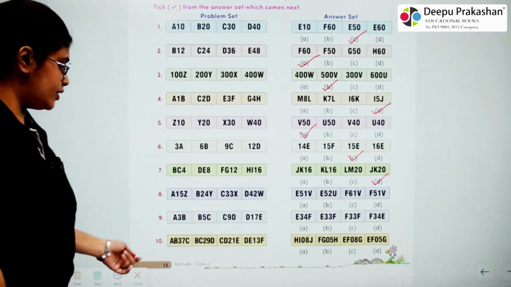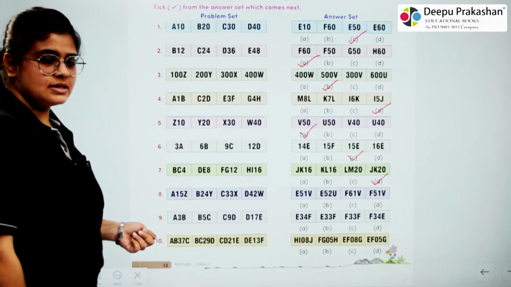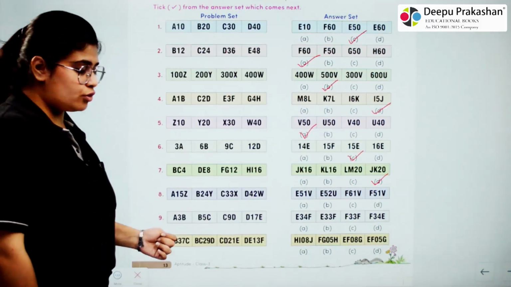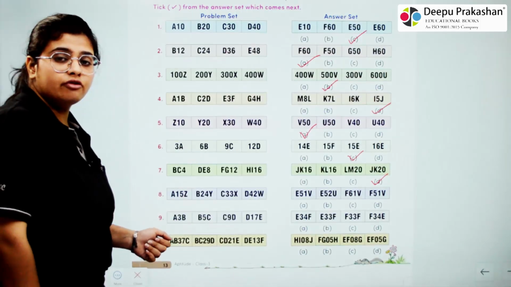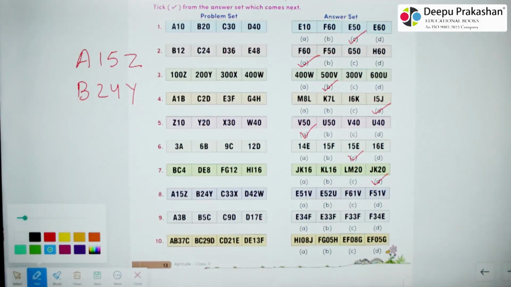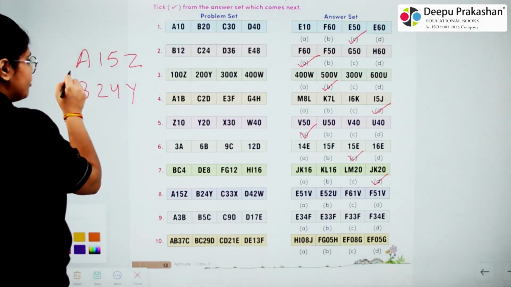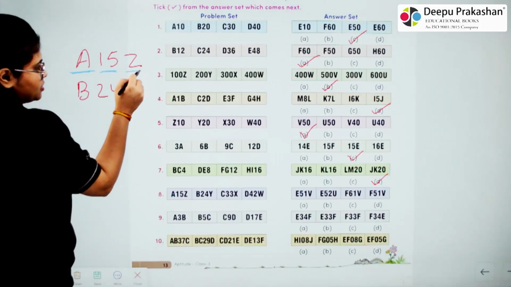8th, we are given A15Z, B24Y, C33X, D42W. So here if we look at the pattern, we are given 3 terms.